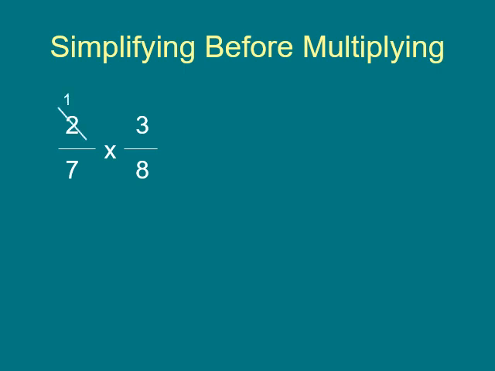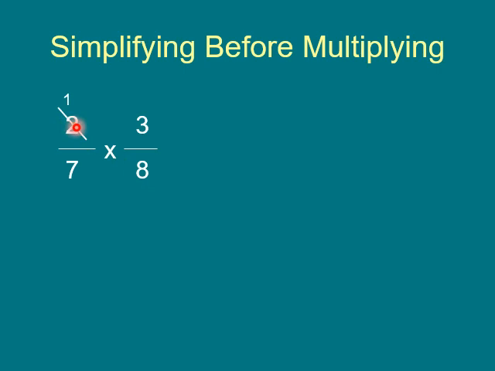So si 2 at si 8, si 2 at saka si 8, I have a common factor. Sa pagsisimplify ng fraction, dapat isang numerator at isang denominator para makapag-simplify ka. So, since meron tayong common sa numerator and denominator, we will simplify it.